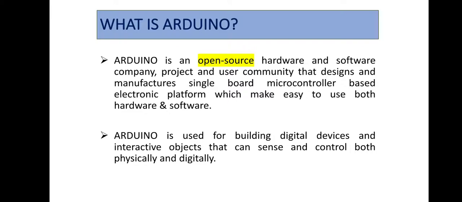Arduino is used for building digital devices and interactive projects that can sense and control both physically and digitally. So you can make interactive projects with the help of Arduino and multiple sensors.